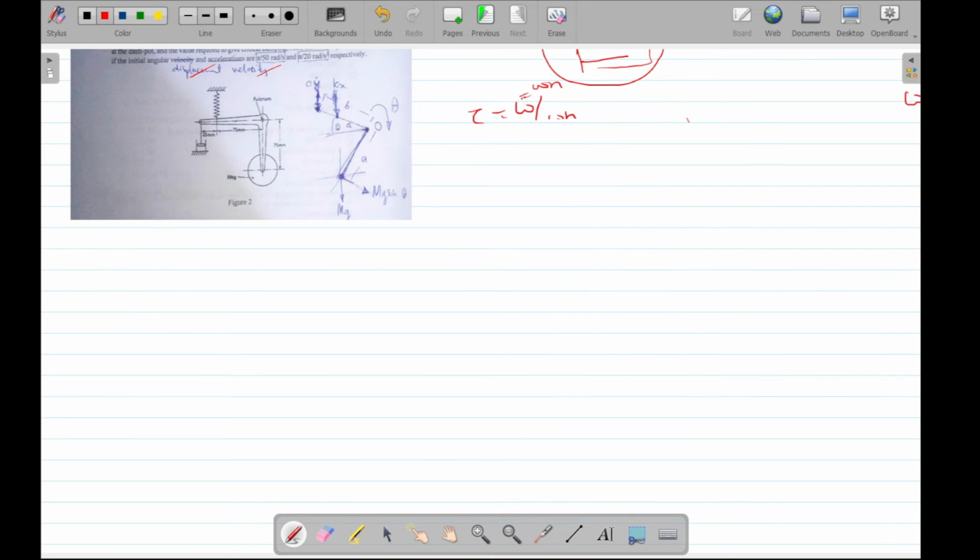Okay, let's sketch this. So let me use a line. So I have this, and then let's say I have my damper here and the dashpot here. All right, so let's say the distance from here to the fulcrum is x, and the distance from the dashpot to the fulcrum is y, and we have the mass here, so the distance from here to here is h.